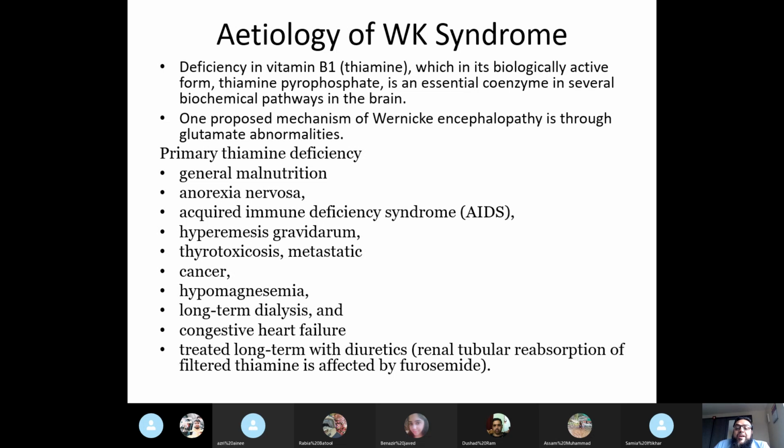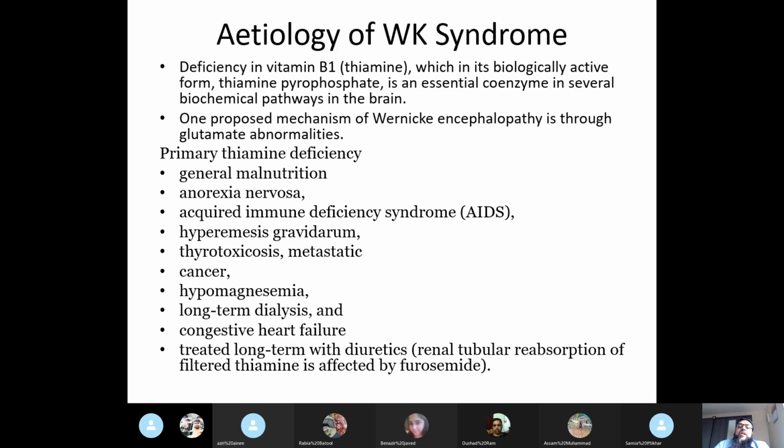Hyperemesis gravidarum means that in pregnancy, when the women vomit again and again, they may lose electrolytes and have an electrolyte imbalance.